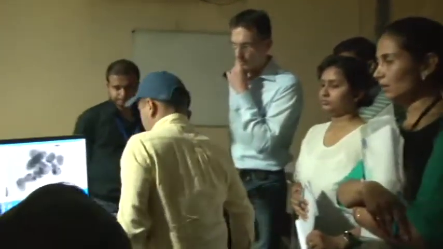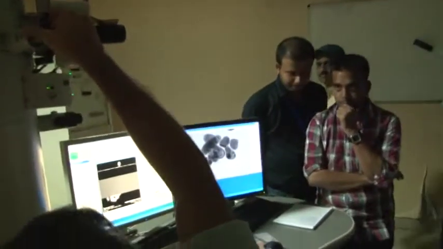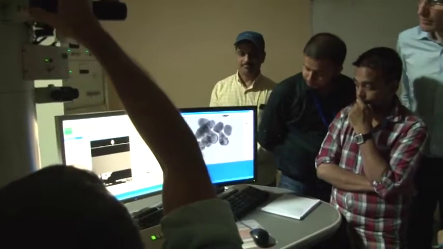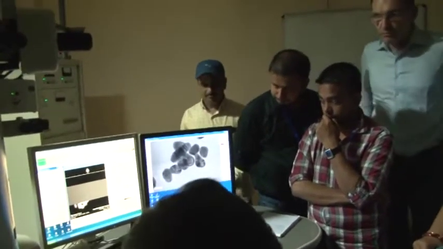Okay, now I will attempt to get high resolution. Let us see. I take out the objective aperture, and we go high with magnification.